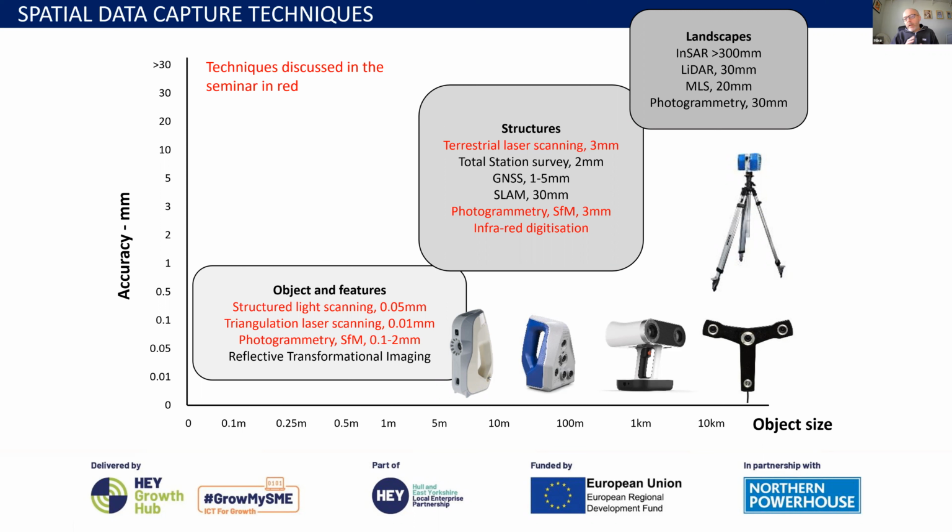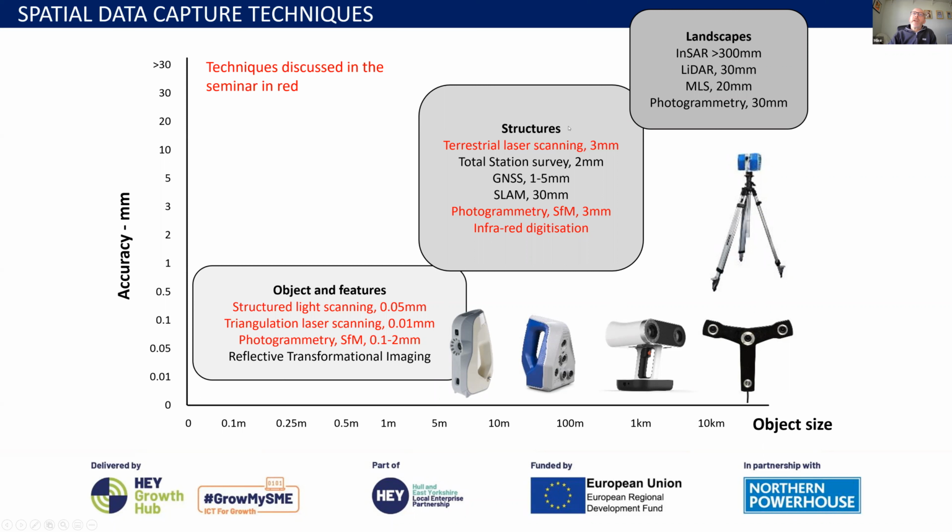So we regularly get involved with scanning that range of objects, which is a big range. So for very small parts, using the kind of scanners that we've got below here that use either laser or structured white light, through to building scanners that can scan buildings, terrestrial laser scanners. So those marked in red are the types of scanners that we use.